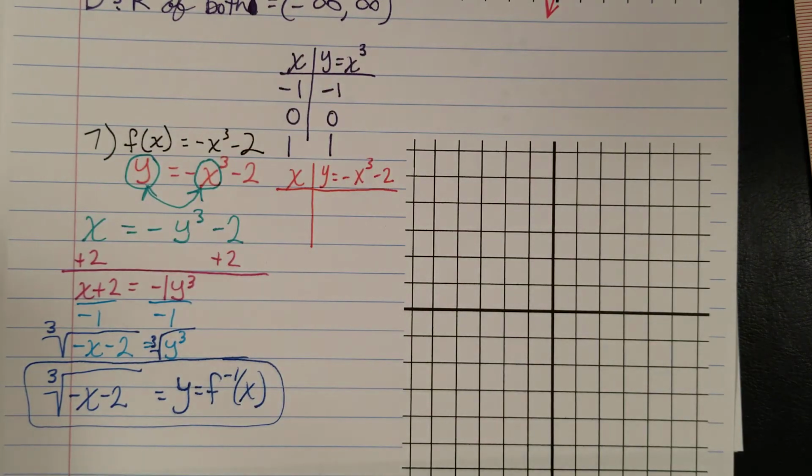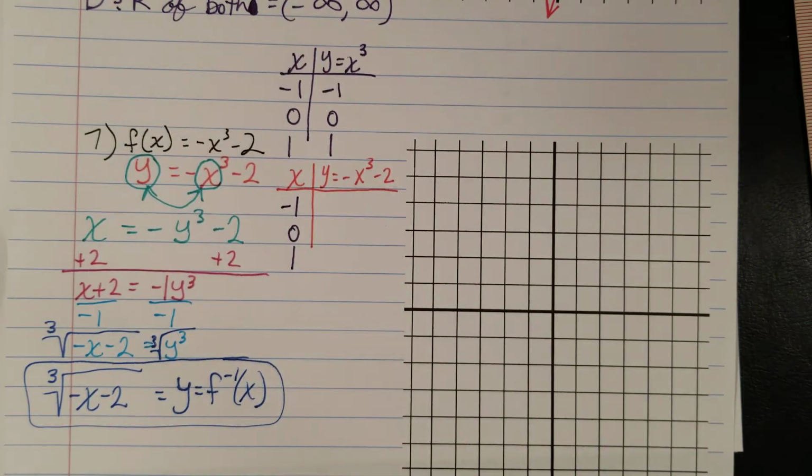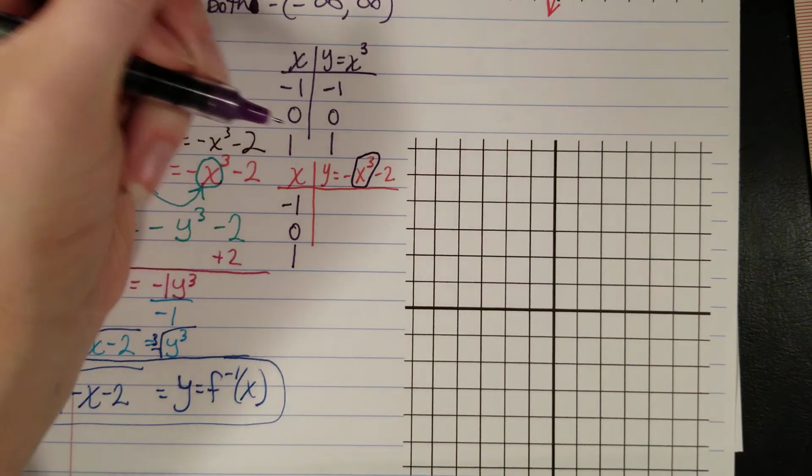The x values are going to stay the same, so -1, 0, 1. And then we're going to take the y values and plug them in place of this x-cubed right here.